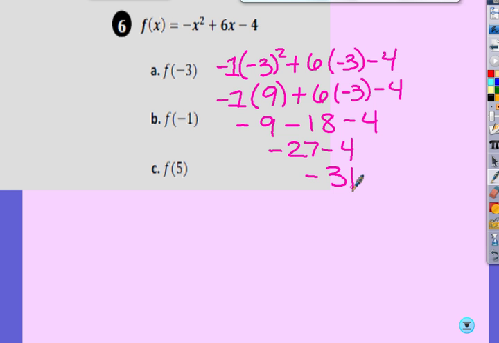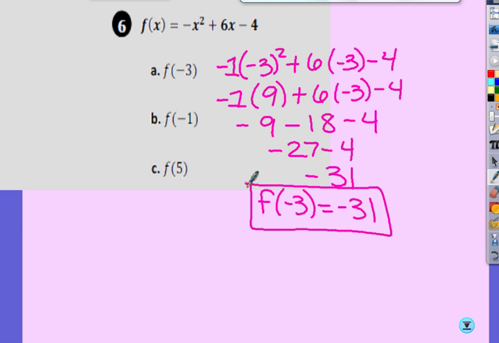You should come up with negative 31 for the value of f of negative 3. Go ahead and try letter B and C.